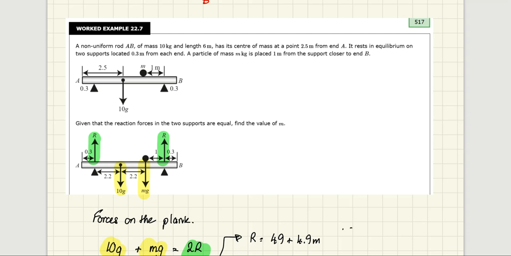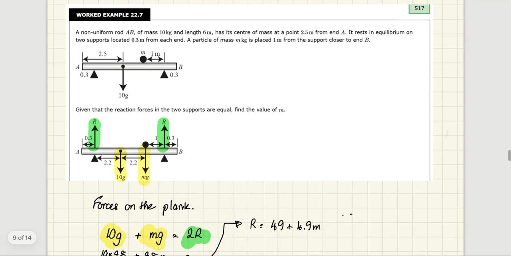It rests in equilibrium on 2 supports, which are 0.3 meters in from either end. A particle with a mass of m is placed 1 meter from the support closer to end B. Given that the reaction forces in the 2 supports are equal, find the value of the mass. So obviously this mass is such that it counteracts the weight, to make the reaction forces the same.